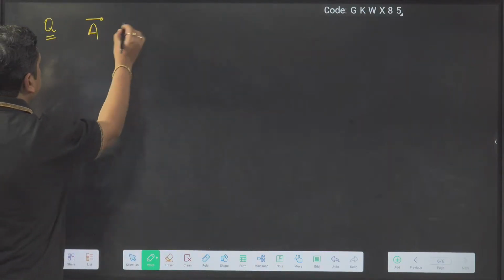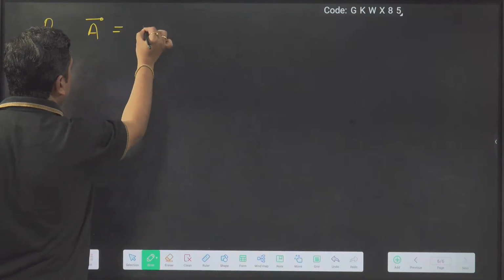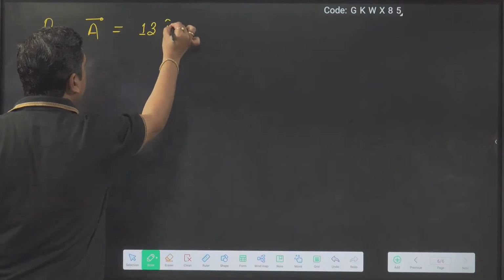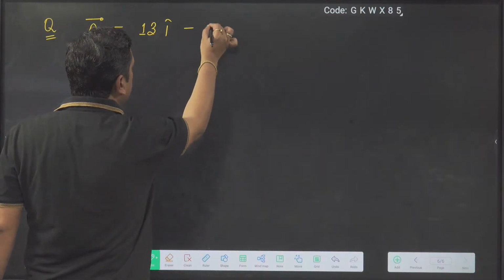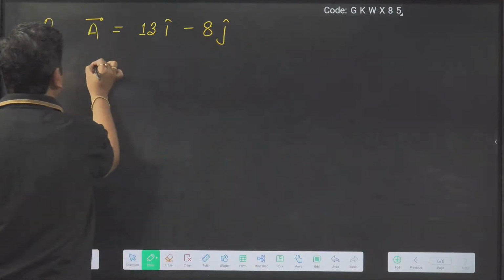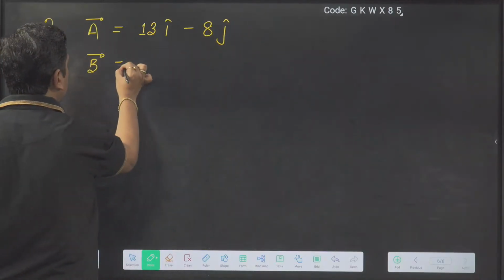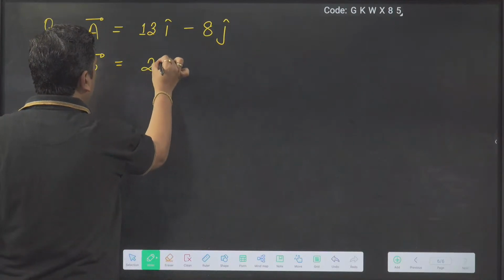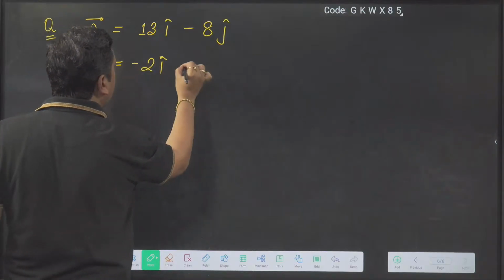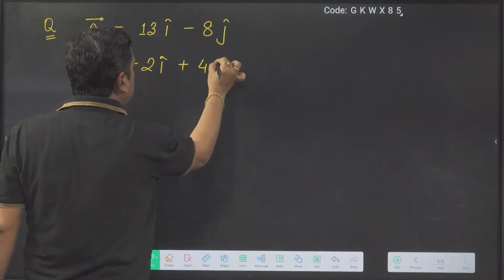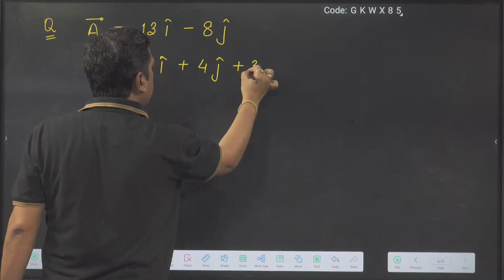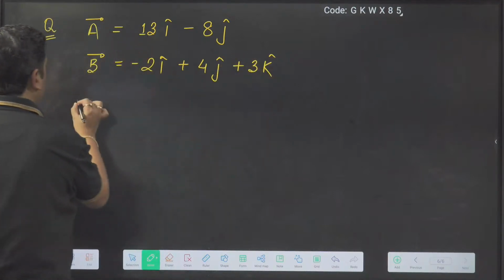A vector is 13i cap minus 8j cap. B vector is minus 2i cap plus 4j cap plus 3k cap.